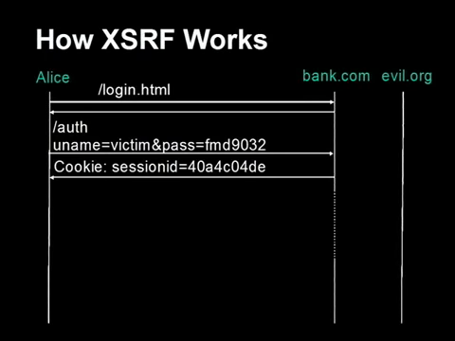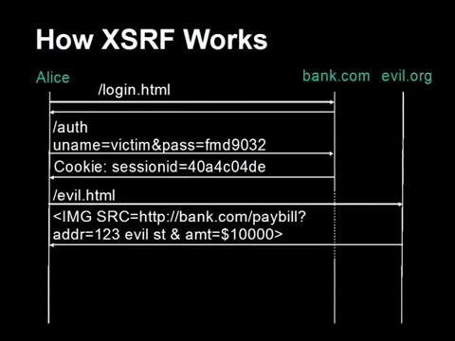Well, what evil.org can do is serve her a web page that has some HTML on it. So let's say that Alice requests evil.html. And on evil.html is the following tag. And I've simplified this from a technical standpoint just to make the explanation a little bit clearer. But you can use JavaScript or whatever else. But the idea is that there's this image source tag that has a URL that says, go make a request to bank.com.